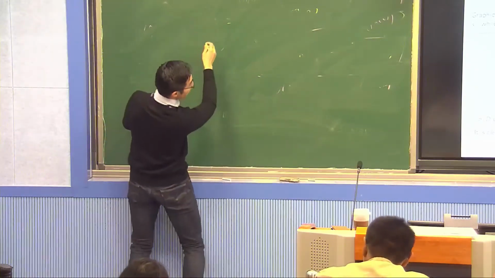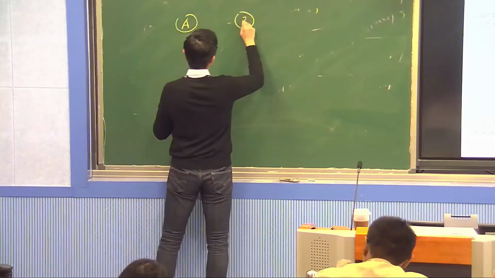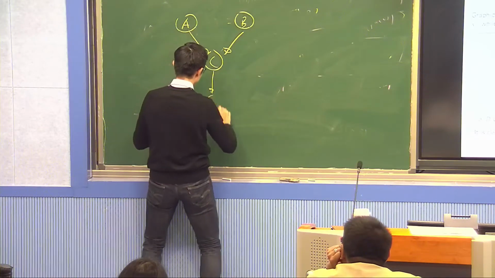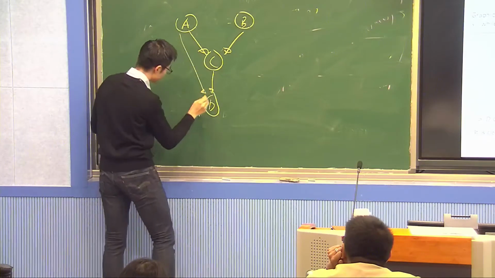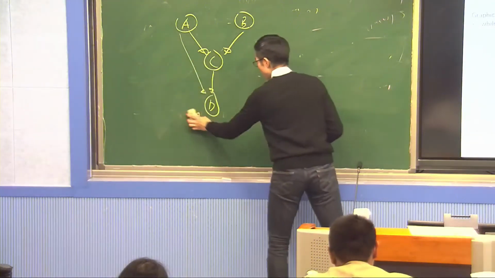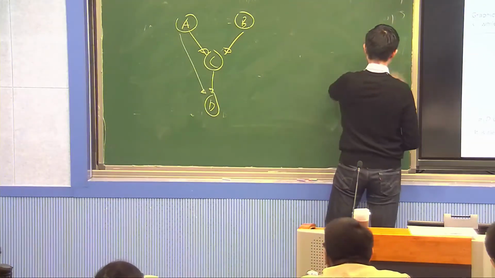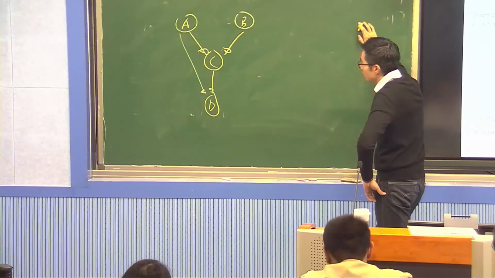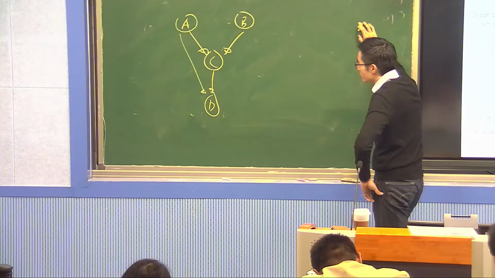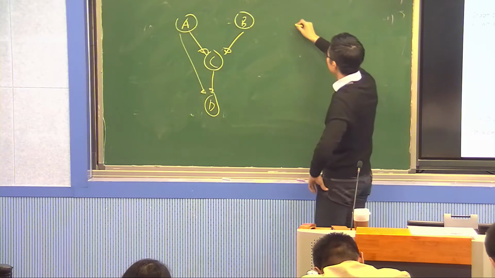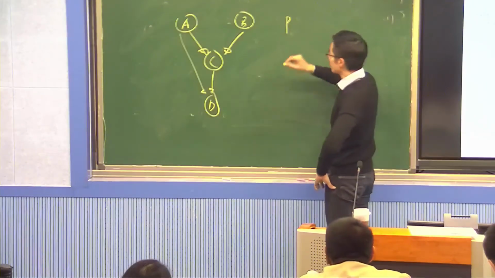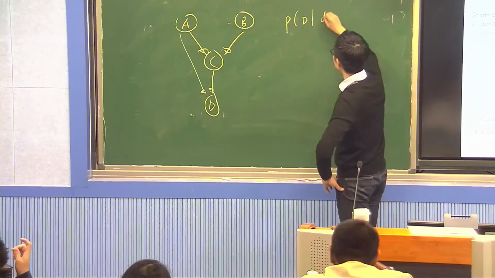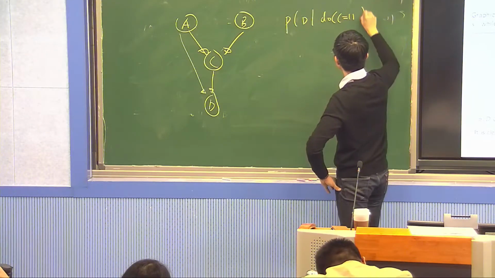Let's suppose I have this kind of graph. A goes to C, B goes to C, C goes to D, but also A goes to D. Now in this case, what I want to know is the probability of D given do(C = 1).